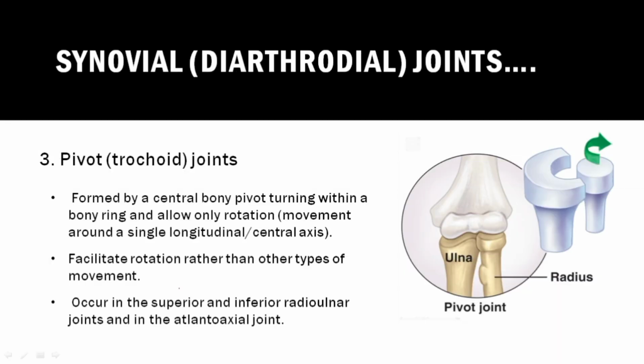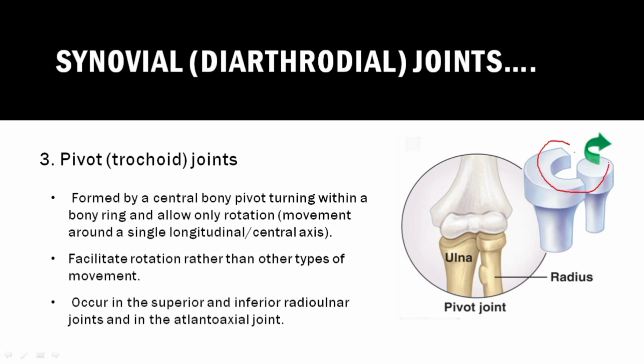Pivot joints, as an example of synovial joints, are also called trochoid joints, and they are formed by a central bony pivot turning within a bony ring, and they allow only rotation, that is movement around a single longitudinal or central axis. So this is an illustration of it.